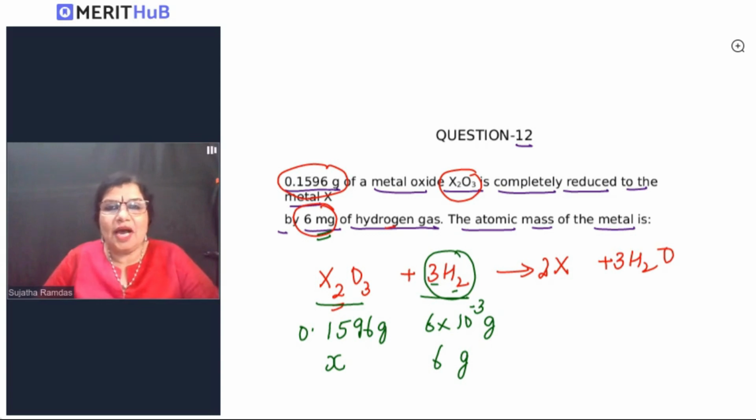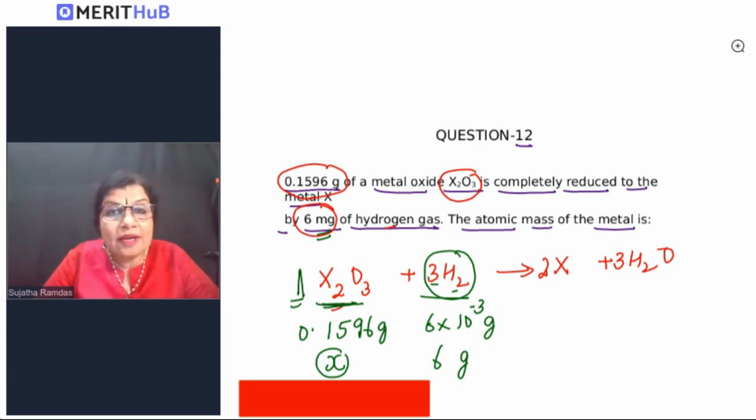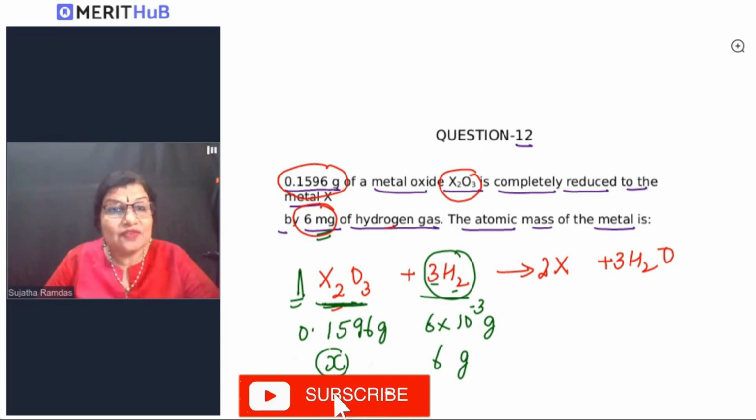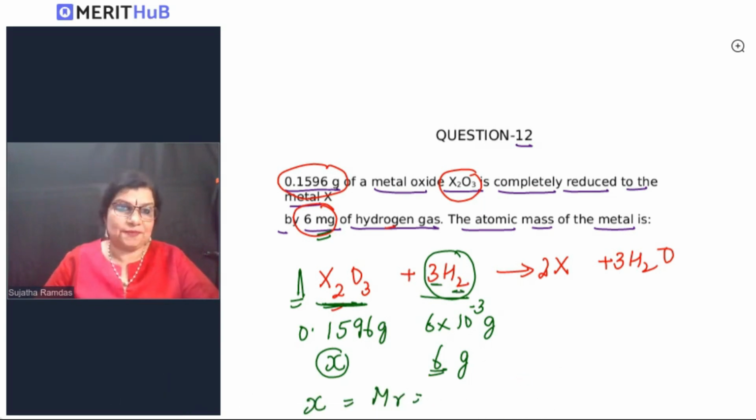All right. So now we have X is equal to the molar mass of X2O3, because here you have 1 mole of X2O3 and X happens to be the mass of 1 mole of X2O3, which is the molar mass. 6 grams happens to be the mass of 3 moles of hydrogen.